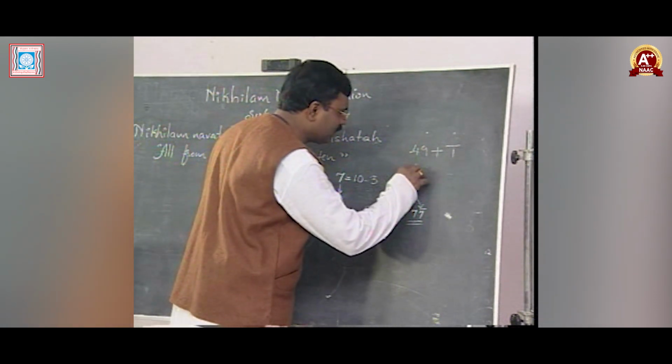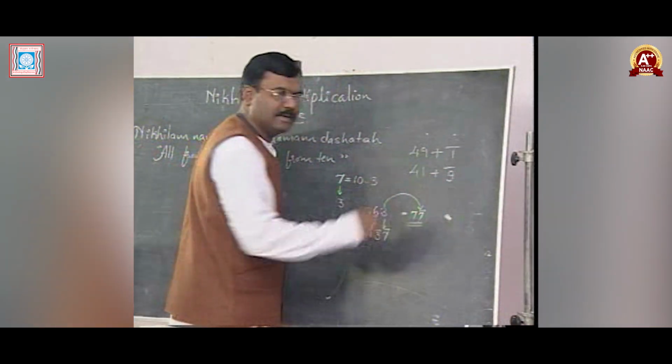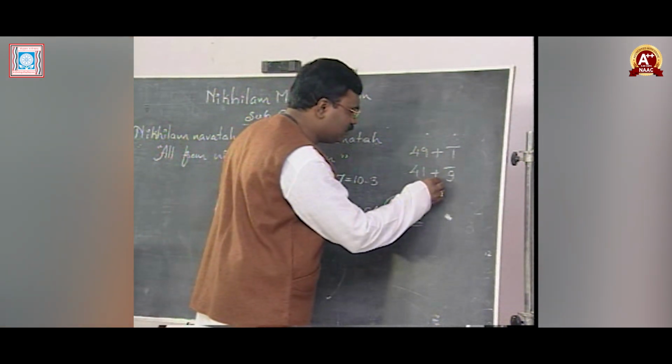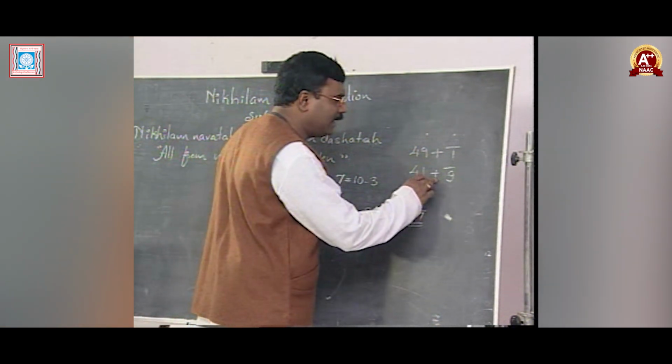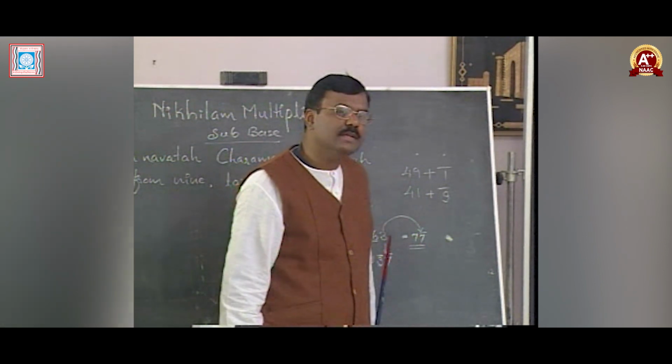For example, for 41, plus bar 9. Because plus and minus only. For all purposes, you prefix the plus and put the bar. That is good for calculation purposes.